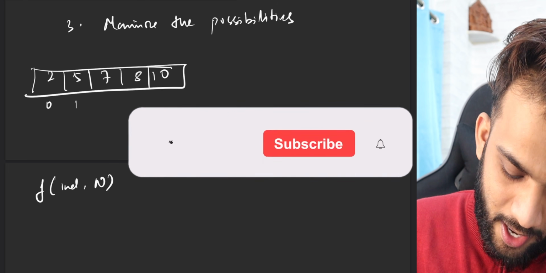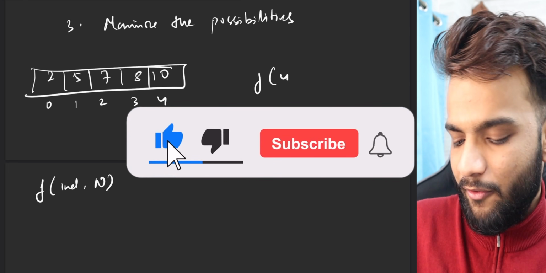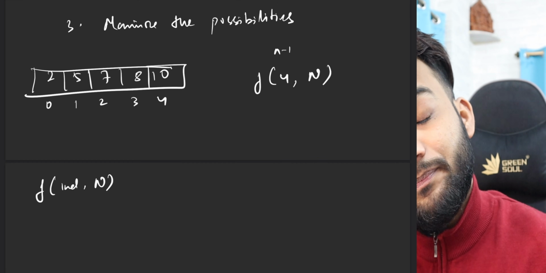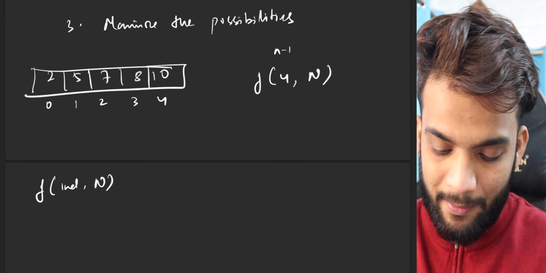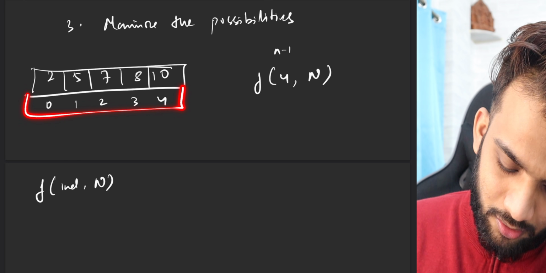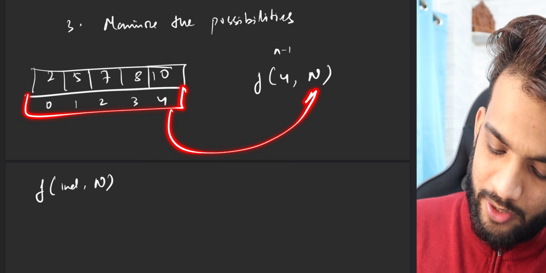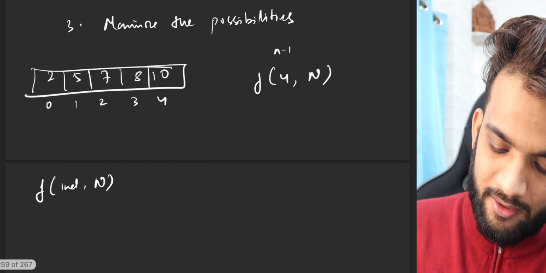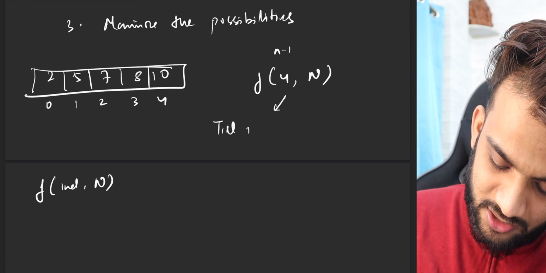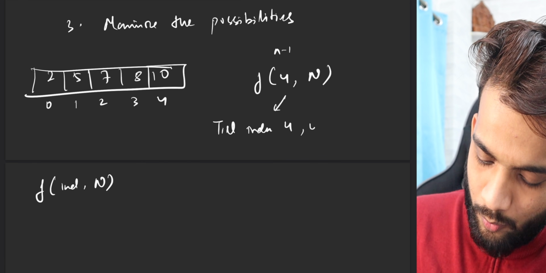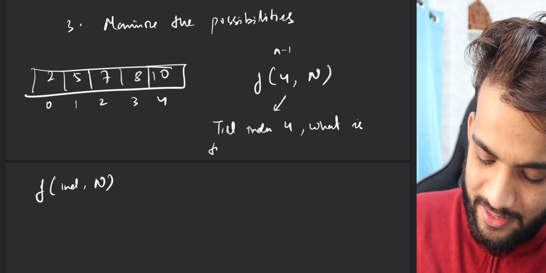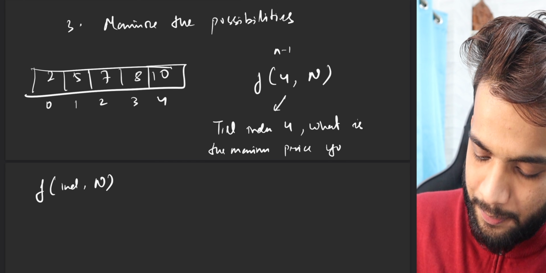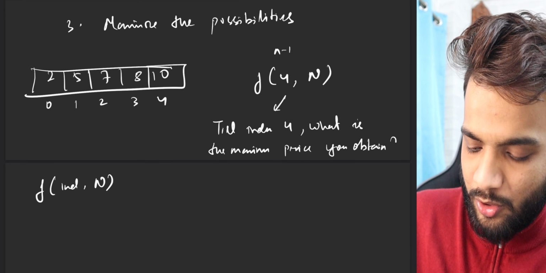If I'm writing 0, 1, 2, 3, 4, and f of 4, which is f of n minus 1, comma capital N. What I'm asking is, till here, what is the maximal cost with which you can form n? Till index 4, what is the maximum price you can obtain? Maximum price you obtain, correct? That is what the question states.